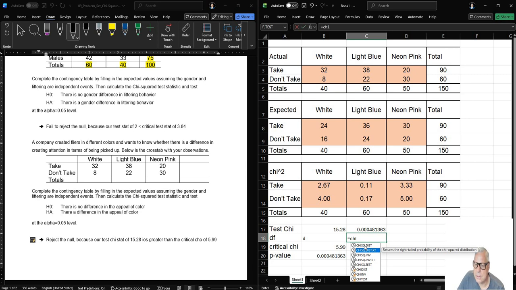So it's actually chi-squared dist returns the left-tailed probability. We don't need a probability, so we need a chi-squared inf.